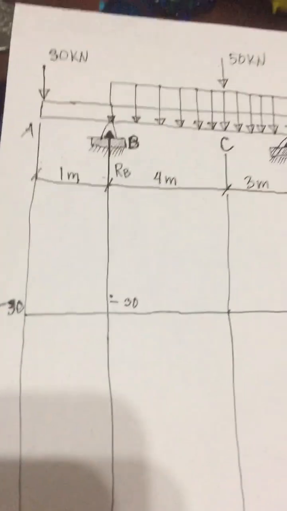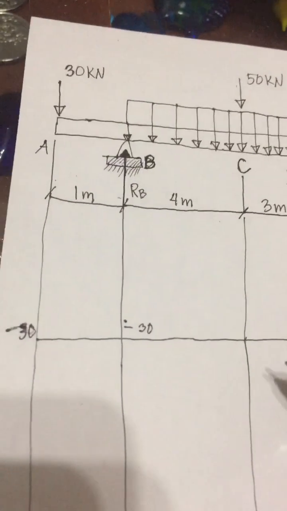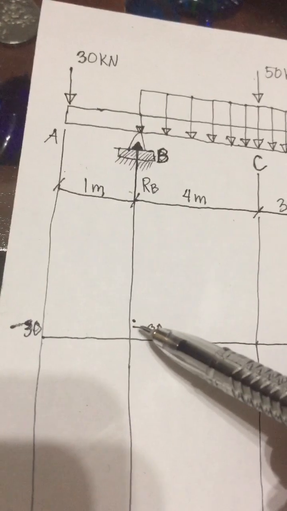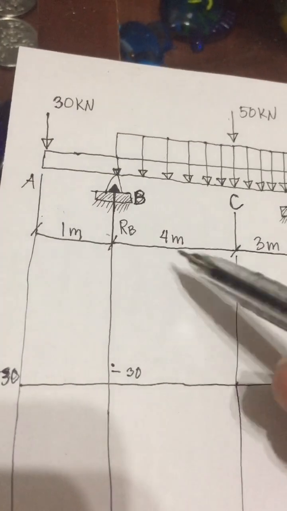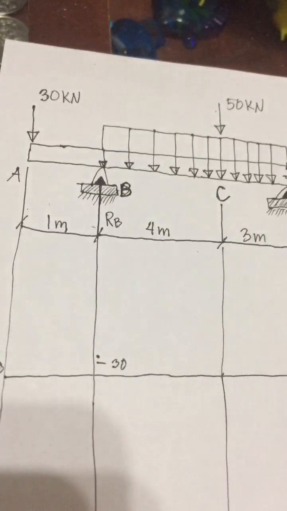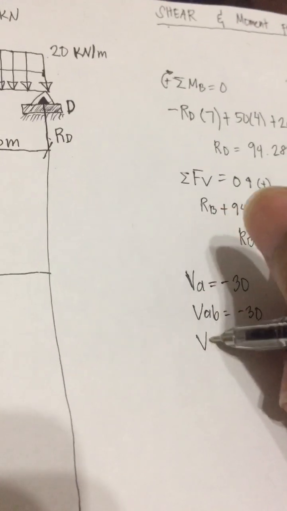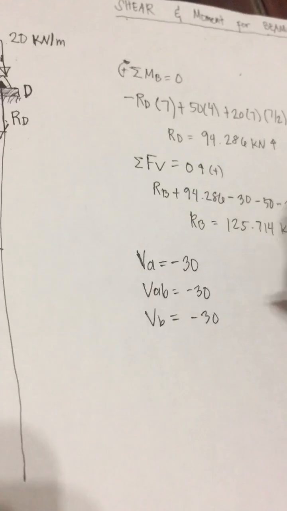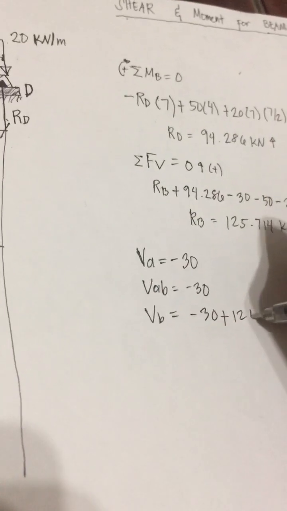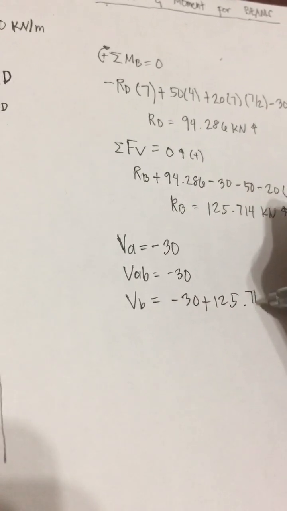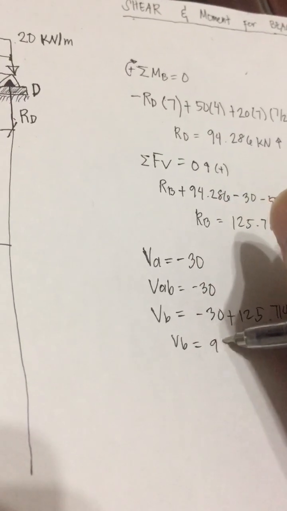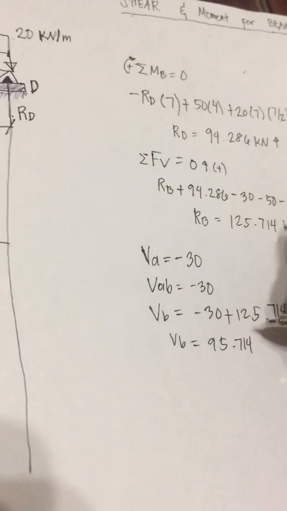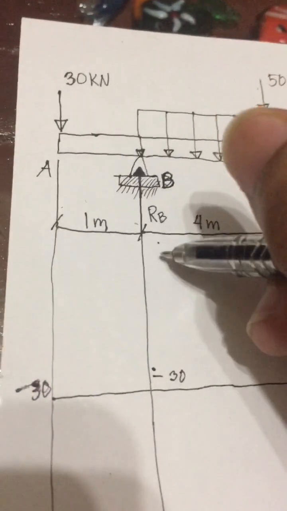That's why we add negative 30 and RB to get our shear load at B, which is 95.714. Since it is positive, we write it above the line.